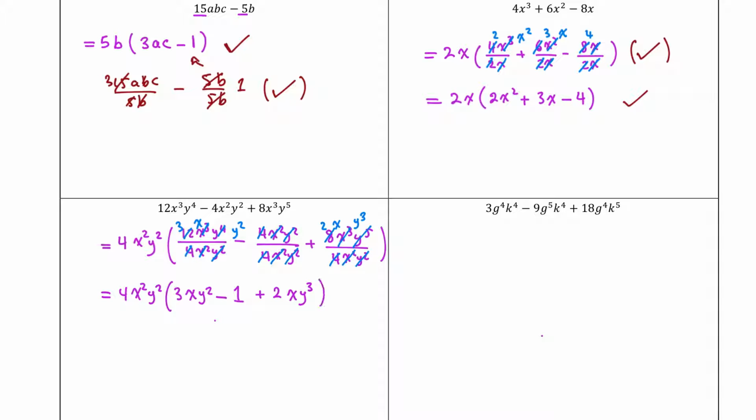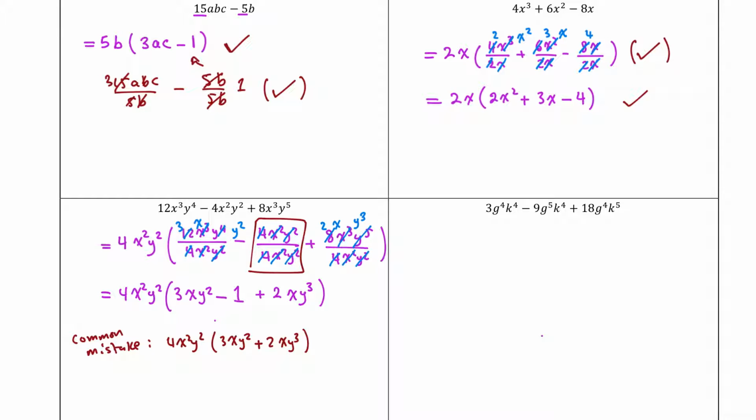And again, common mistake is when students write 4x squared y squared 3xy squared, but they say there is nothing here, or they say that this term divides itself out and you get 0, and they just write 2xy cubed.